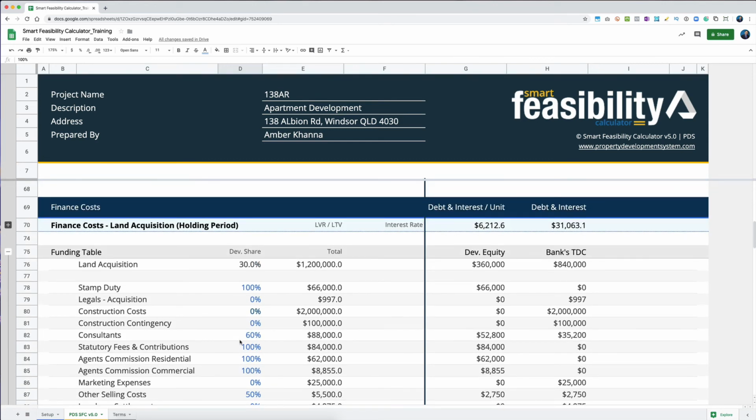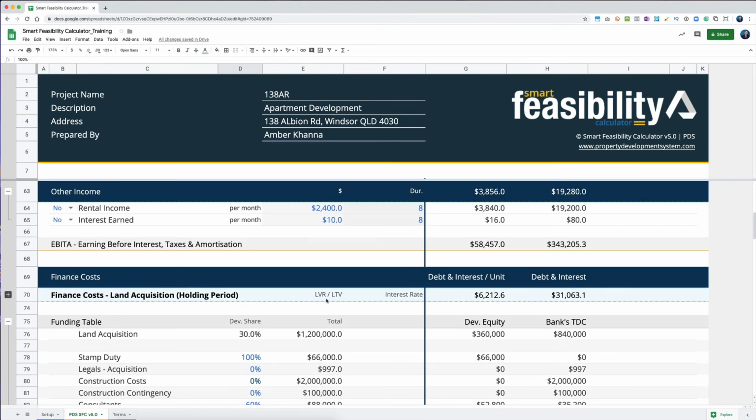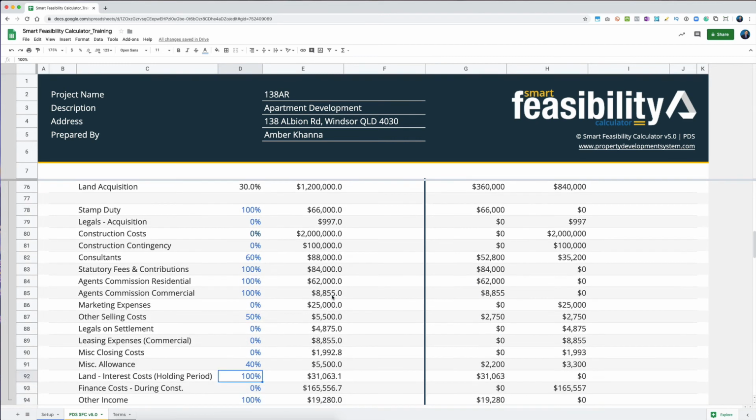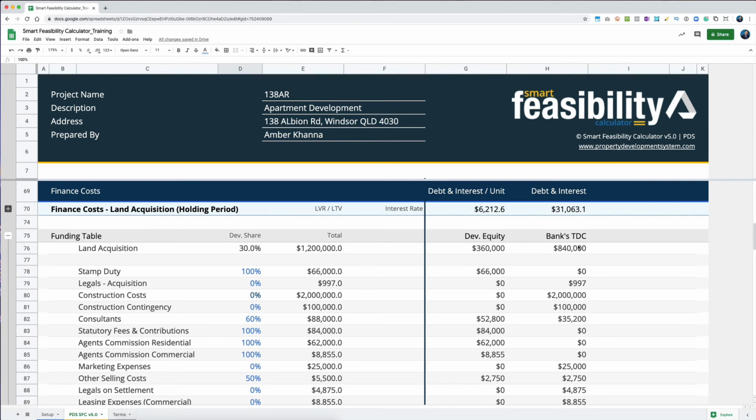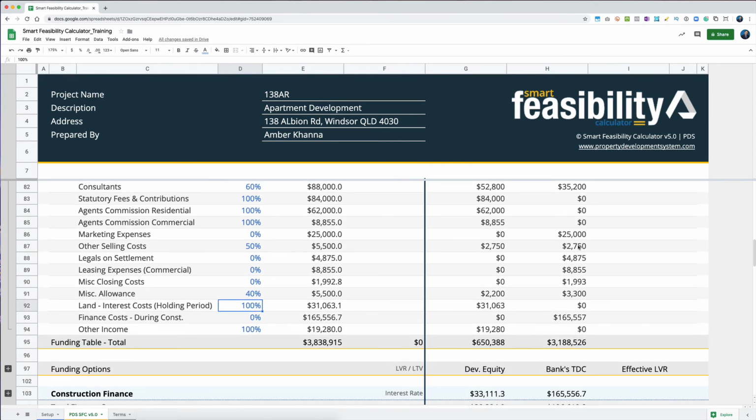So this is the time that you've already held it. So you are with lender one, for example, and then for construction you went to another lender. So that money that you already paid in interest for 8 months of holding, the new bank that's going to lend you money for construction is not going to consider that as part of your total cost because that is something you've already incurred.